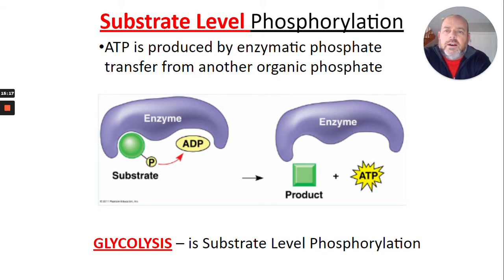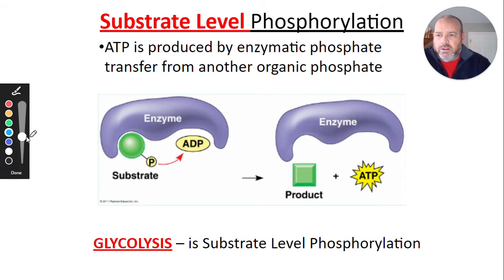So substrate level phosphorylation. There's a couple of different types of phosphorylation in this process. ATP is produced by enzymatic phosphate transfer from another organic phosphate. In this case, glycolysis does what we call substrate level phosphorylation. Look, there's just a substrate here, and here's an enzyme, and they're just general. We're not giving them any specific names here.